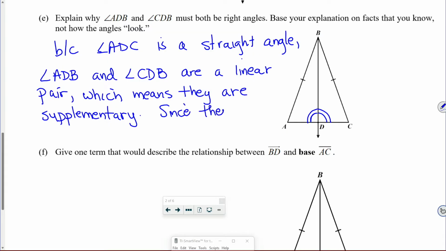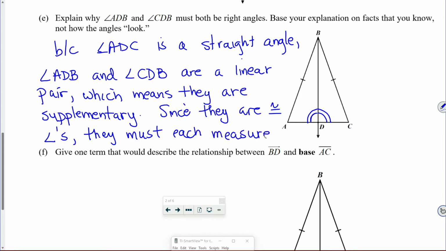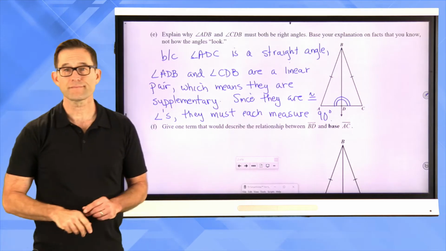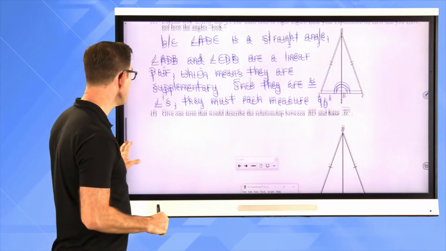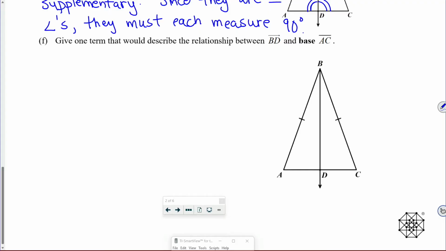Since they are congruent angles, they must each measure 90 degrees. End of story.